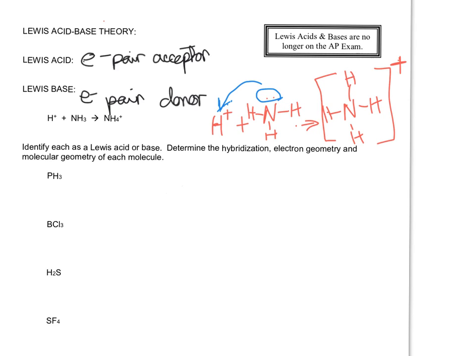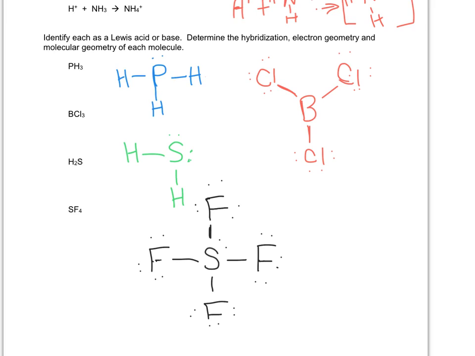So let's practice a few of those. I'm going to draw them, and then we can decide whether they are Lewis acids or bases. Here are the four structures drawn. Let's start with PH3. We want to determine whether it's a Lewis acid or base, and just to review for fun, its hybridization, electron geometry, and molecular geometry for each of these.